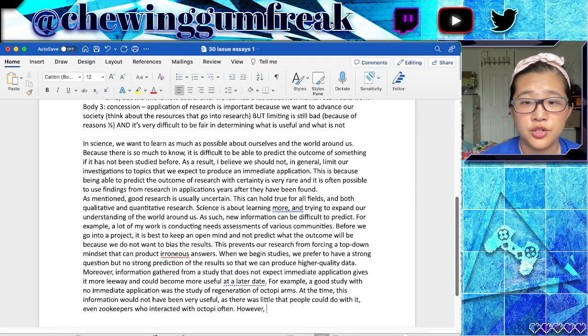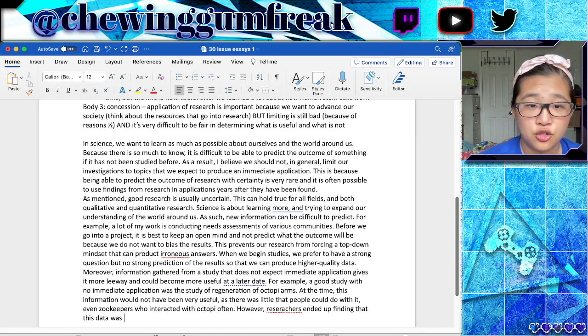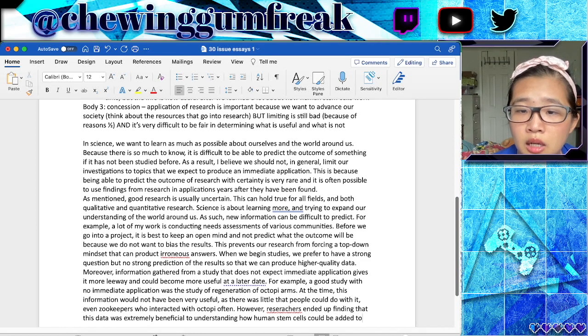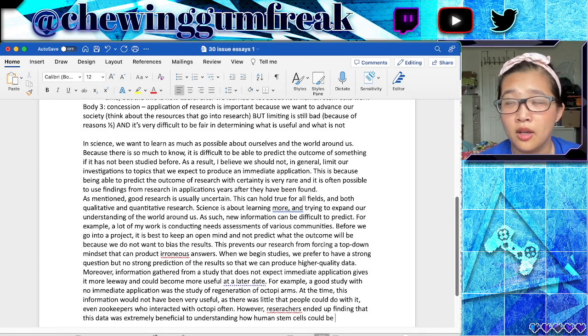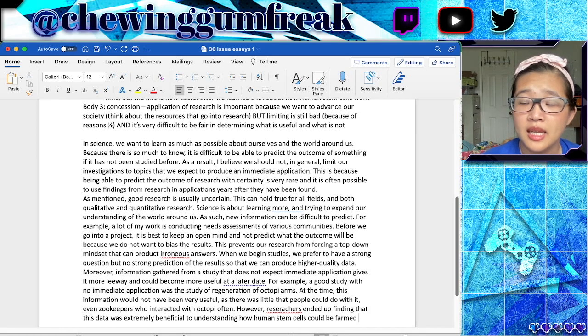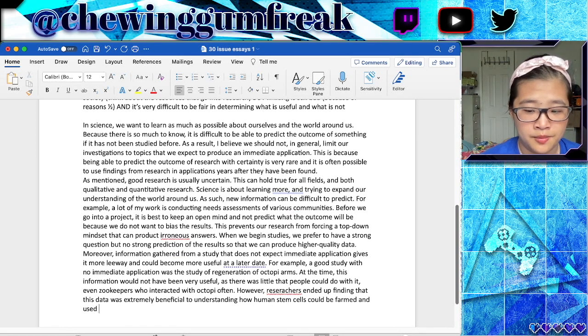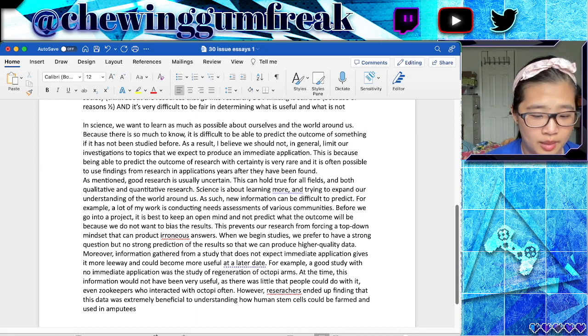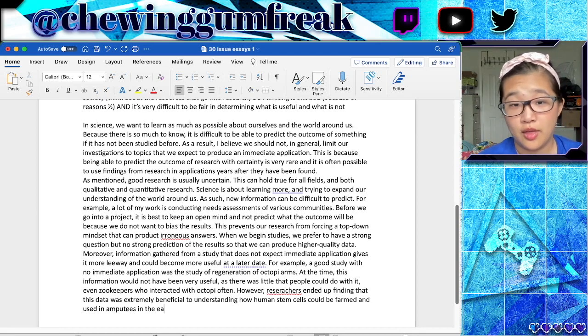However, researchers ended up finding that this data was extremely beneficial to understanding how human stem cells could be, I would say, farmed and used in amputees, how human stem cells could be farmed and used in amputees in the early 2000s.